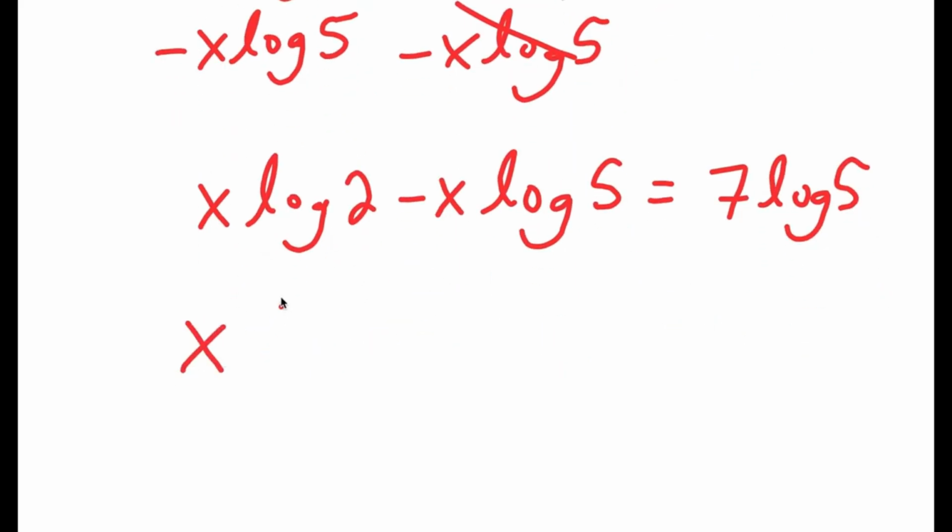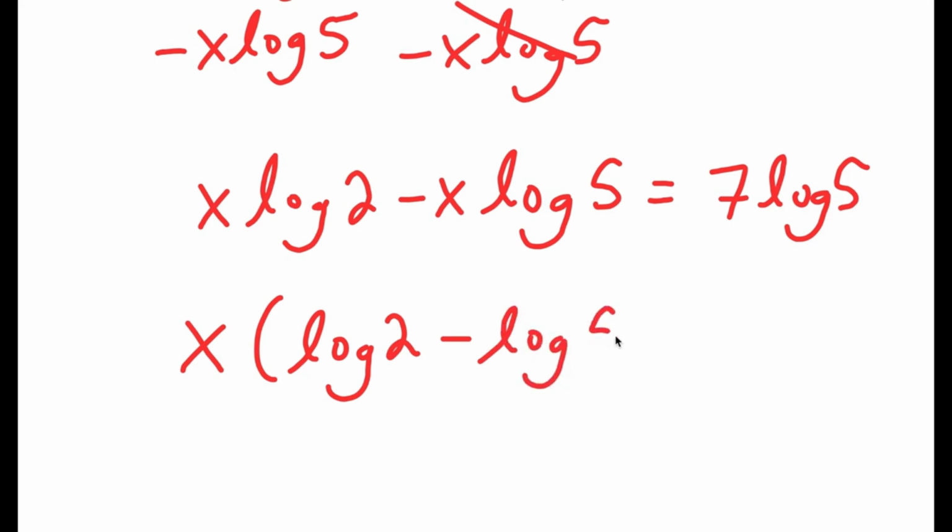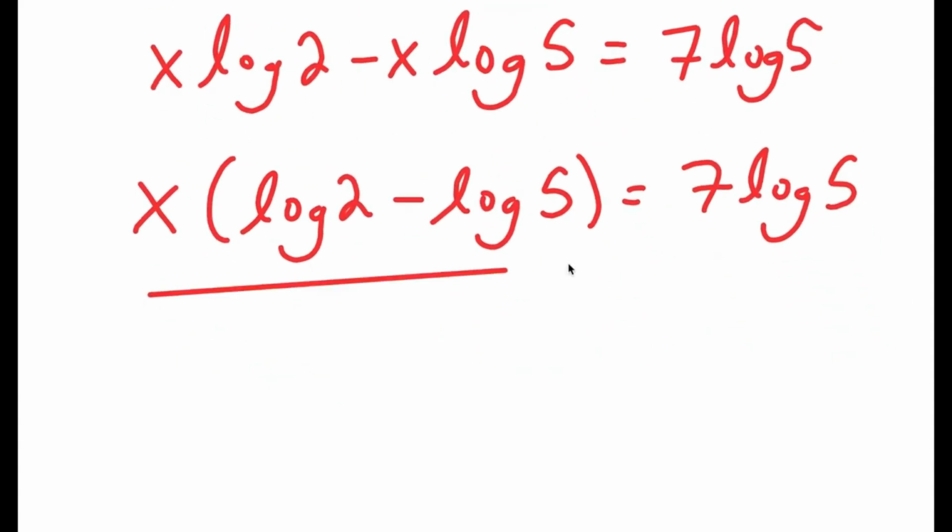Now I can factor out x, so I get x times (log 2 minus log 5) is equal to 7 times log 5. And divide log 2 minus log 5 on both sides.